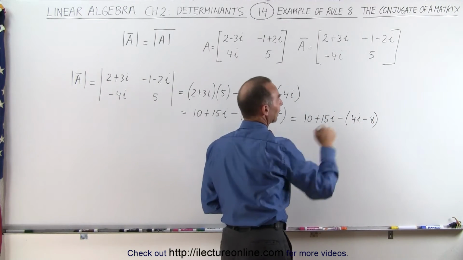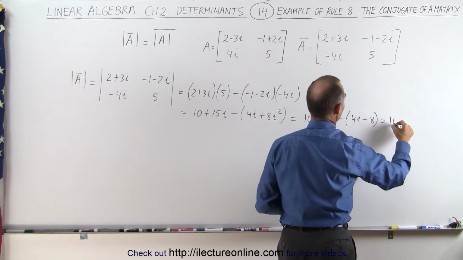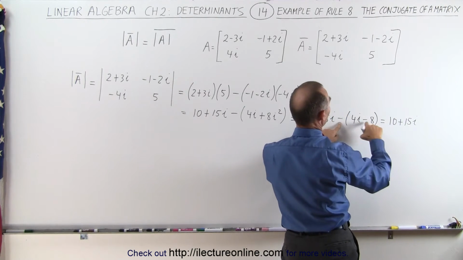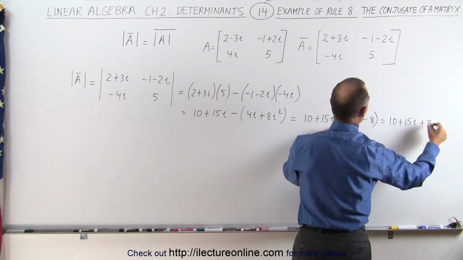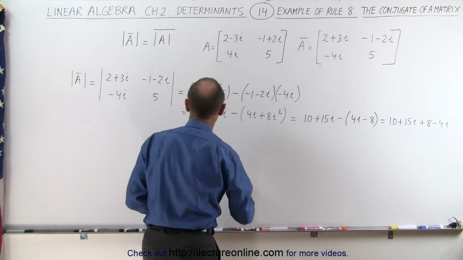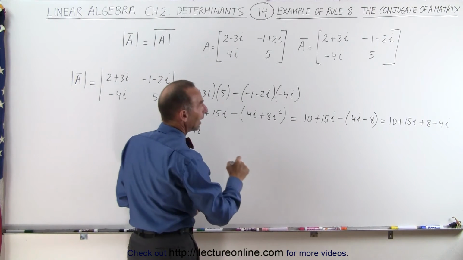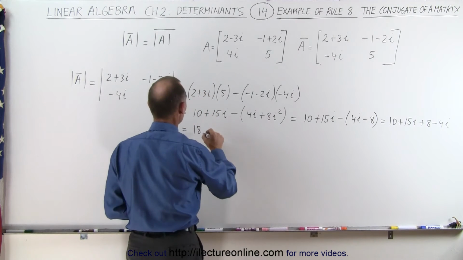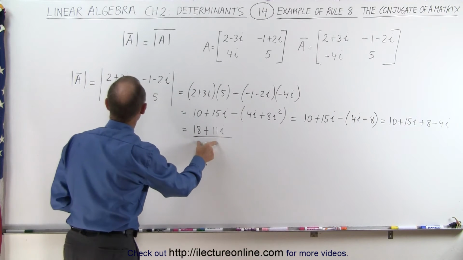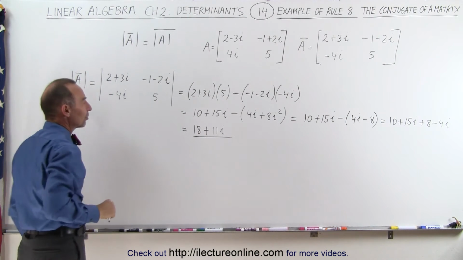And then we can apply the negative sign and switch orders here. So this can now be written as 10 plus 15i, that would be minus times the minus, plus 8 minus 4i. If we combine like terms, this is equal to 10 plus 8, or 18, and plus 15i minus 4i, which is plus 11i. And that is the determinant of the complex conjugate of matrix A.